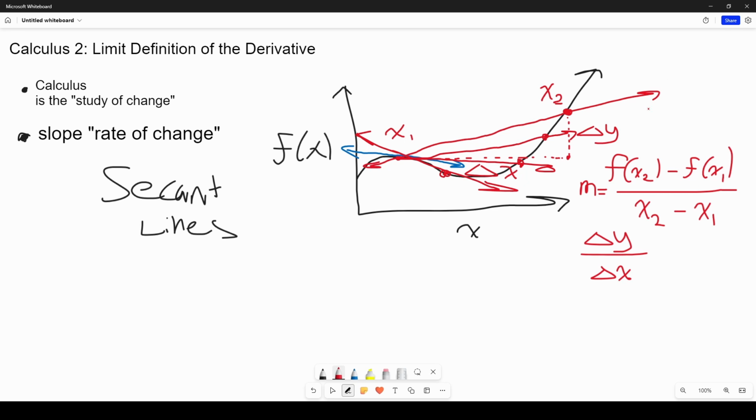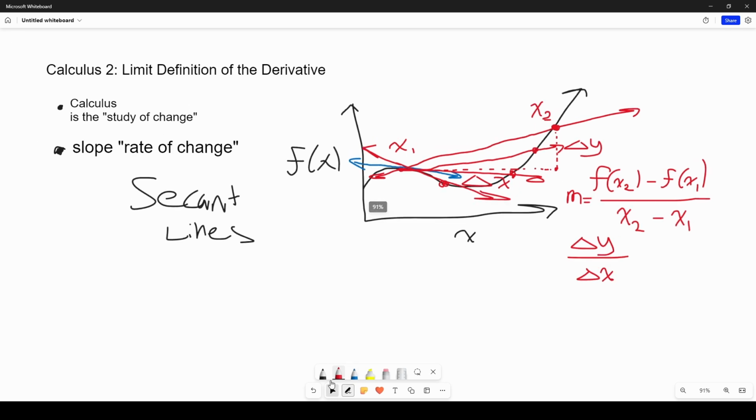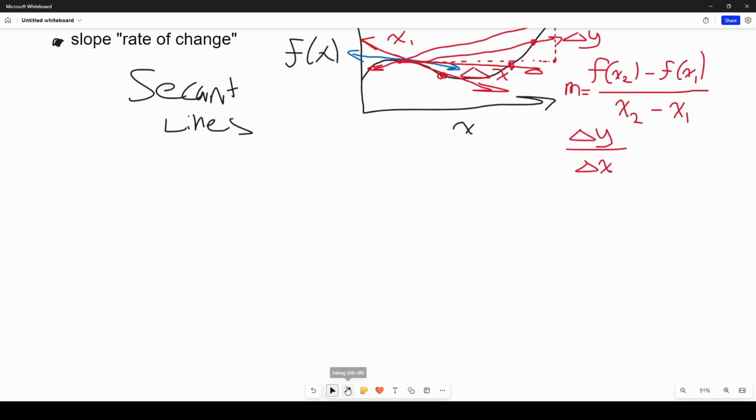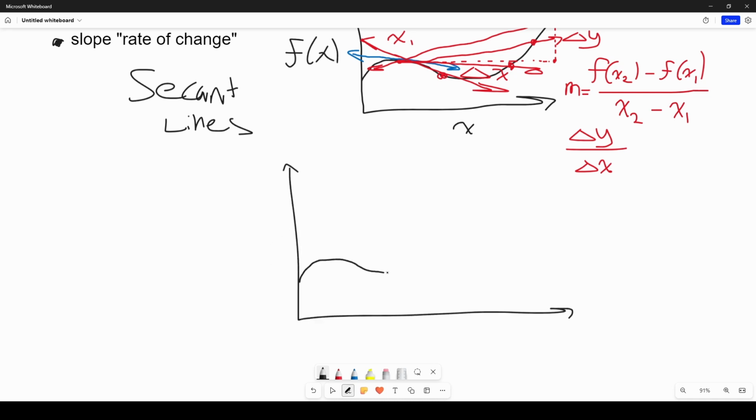So this idea of something approaching something else is actually going to help us formalize our idea of the tangent line or the derivative. So let's just formalize our argument a little bit here. Instead of using x2 and x1, we're going to use x and x plus some delta x. So let's call this x.